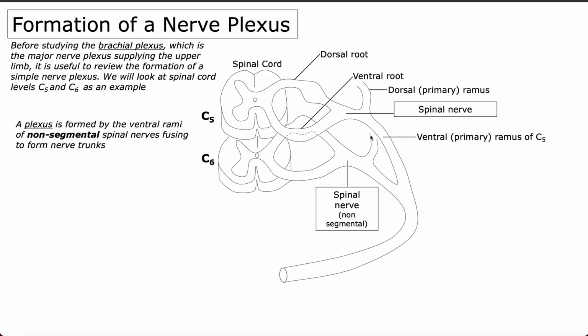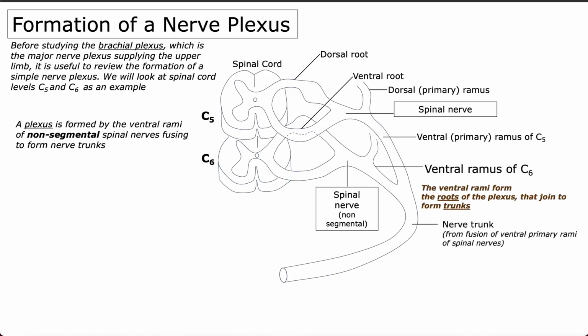So now you can see the ventral ramus of a nerve above, like C5, and the ventral ramus of C6, they are blending with each other. They are joining with each other, and their union gives me a nerve trunk.